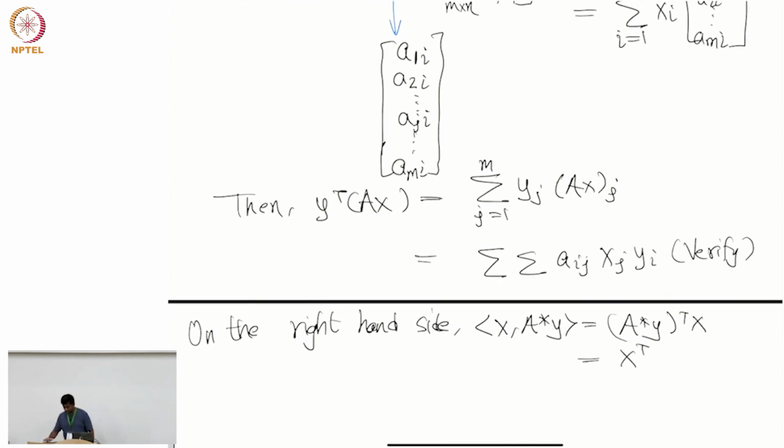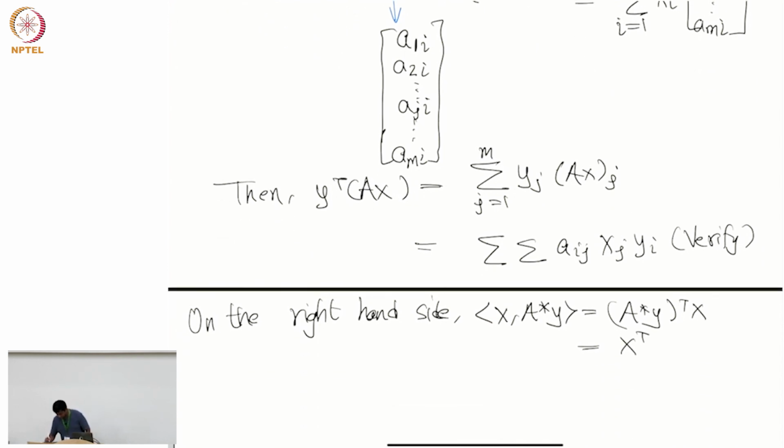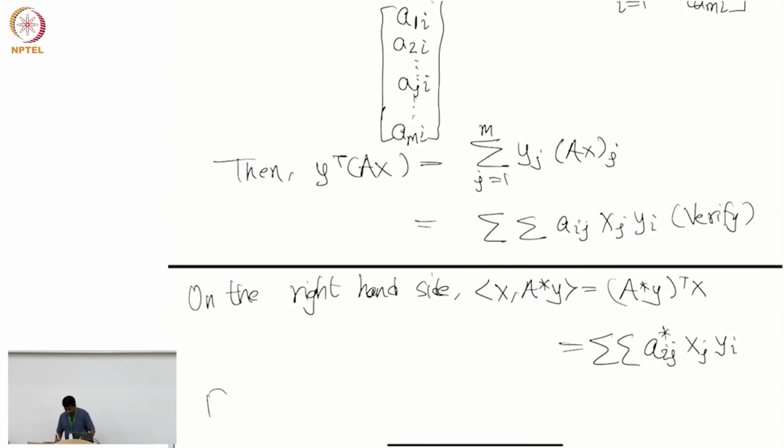You could have done this right from here, but I wanted to do the gory version of it. You go through this and you'd get something like a double summation of aij star xj yi or something like this. You need to double check it, and from these two this is how you would conclude that aij star is aji.